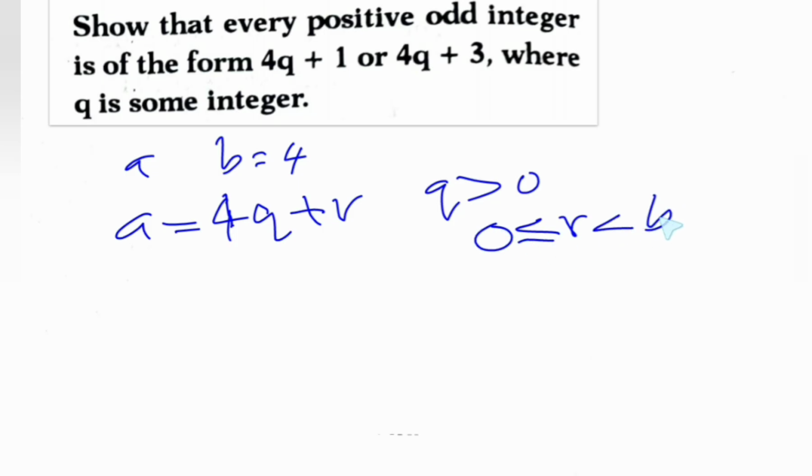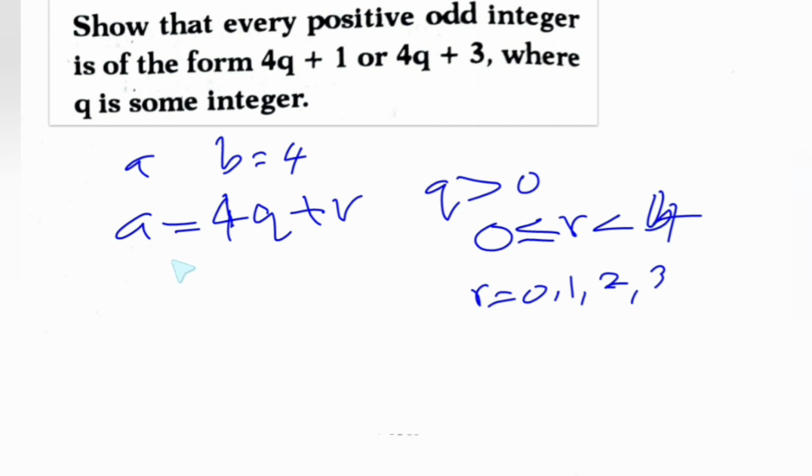B means 4 is given. So then we can write r equal to 0, 1, 2, and less than 4 means r equal to 3.